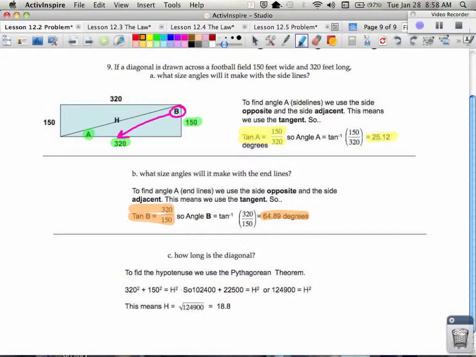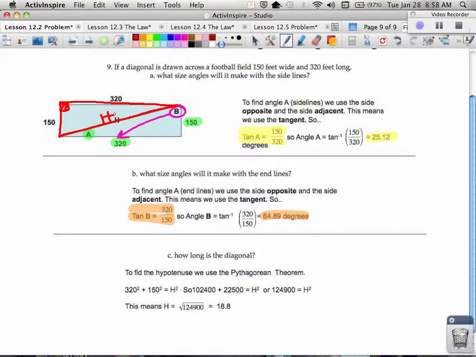The final question in part C asks how long the diagonal is. The diagonal that I'm looking for is the one lined in red now. For this one, I'm going to use the Pythagorean theorem. The diagonal is called h, for hypotenuse.